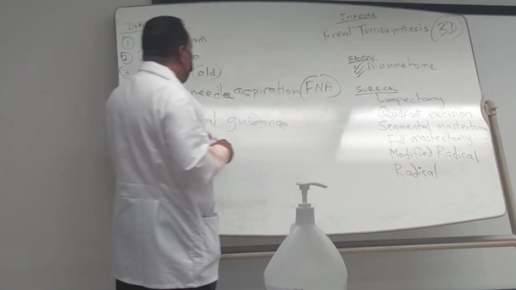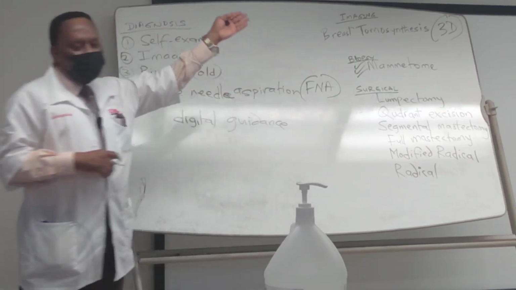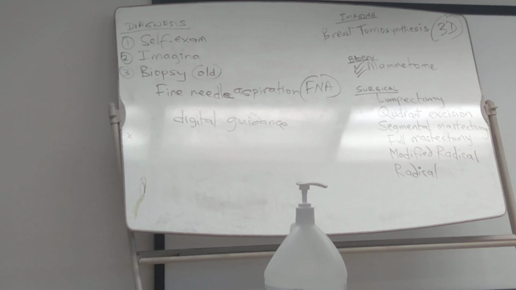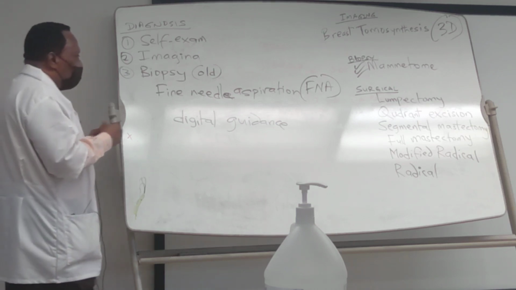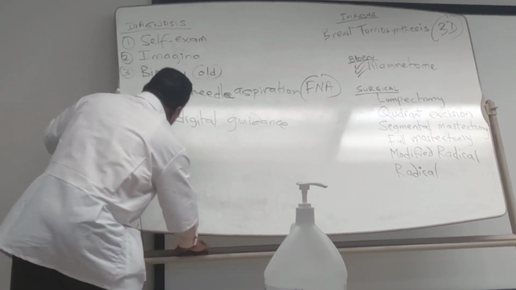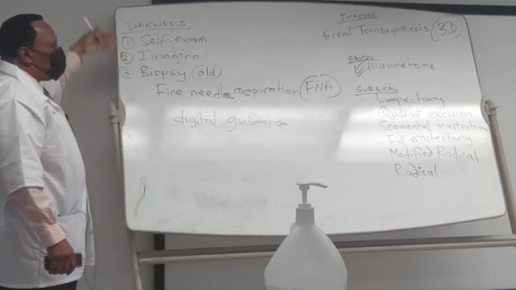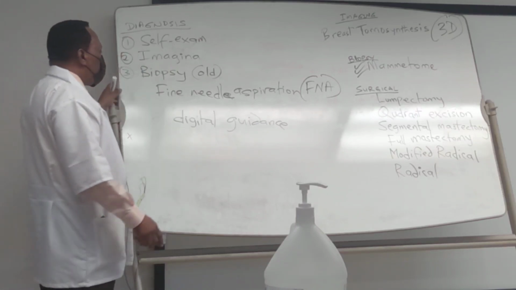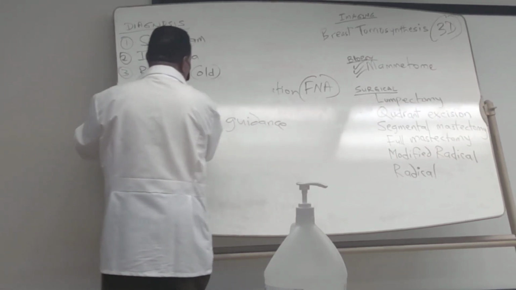Okay. And that can be done in the doctor's office. Only takes a few minutes. Not painful, nothing. And so you can extract the tissues that way. So if you're looking at diagnosis, those are the three modalities of diagnosis that are often used.